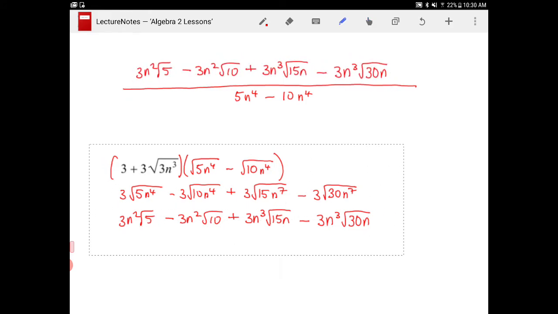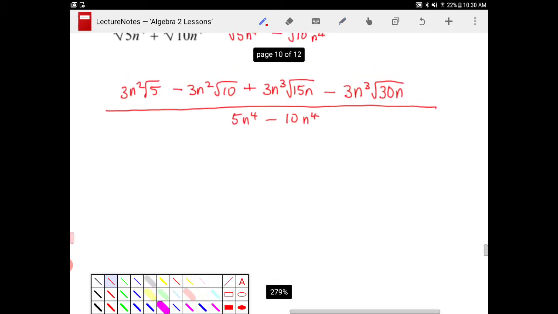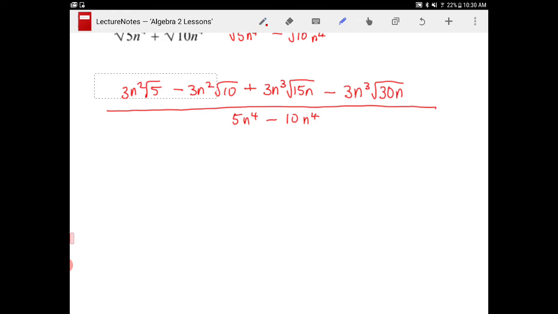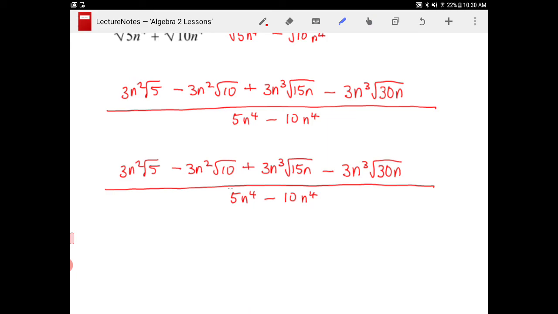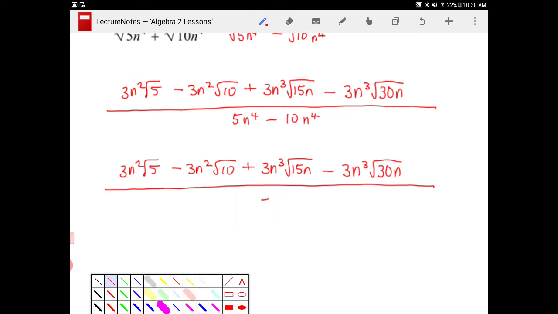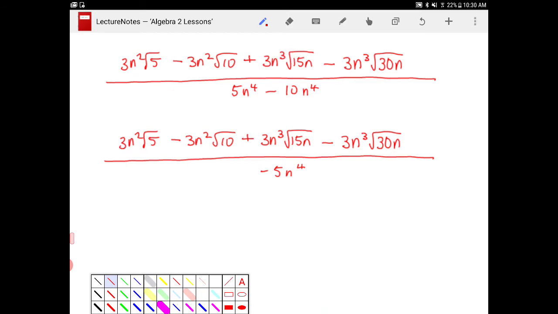I want to get rid of this. And looking at this, the whole thing can be simplified even further, because the denominator will become negative 5n to the 4th. And I learned my lesson from before, there's a common factor of n squared. So I'm going to re-express this.